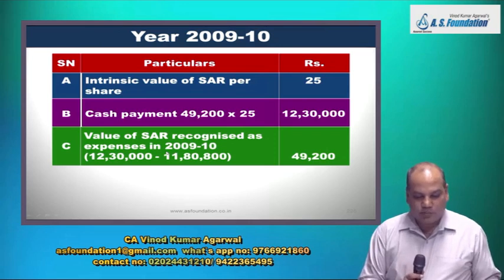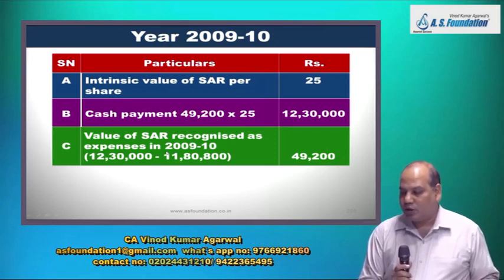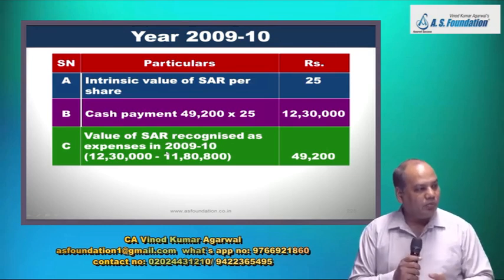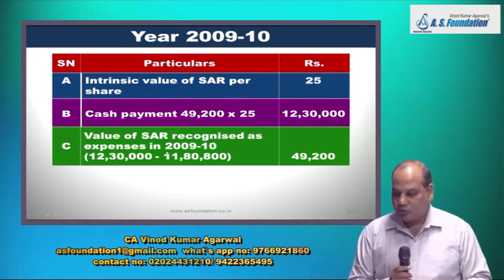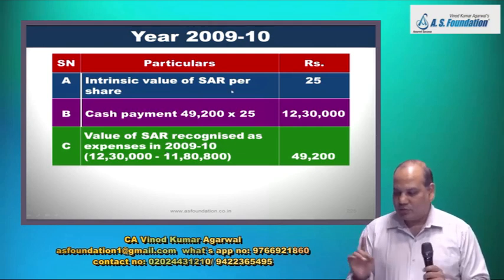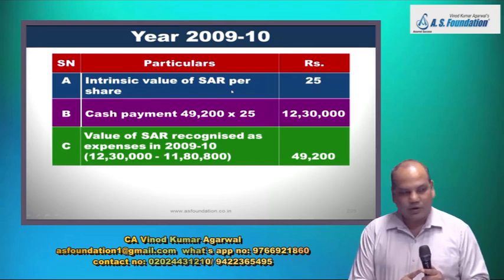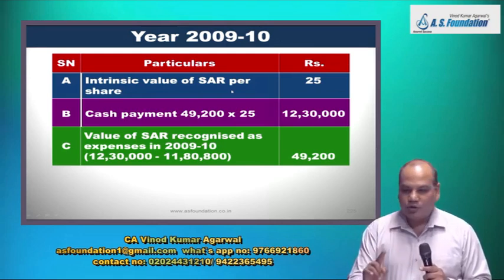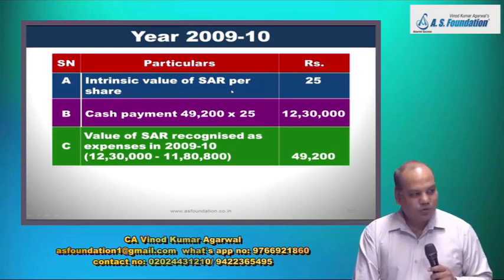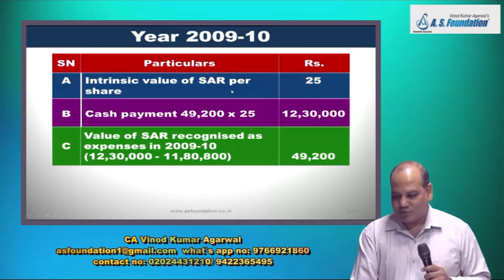We have already made provision up to 24 rupees per share. So I have to pay 1 rupee more. So either you can write like this, or you can just write down how many options: 49,200 into 25 minus 24. So what would you prefer? Second option. Choice is yours.